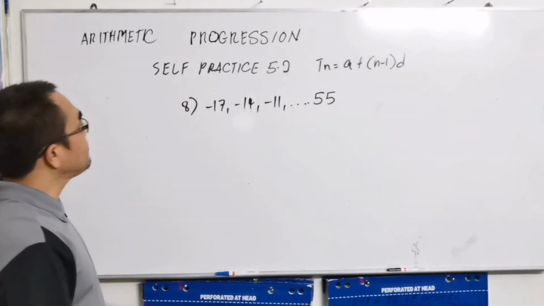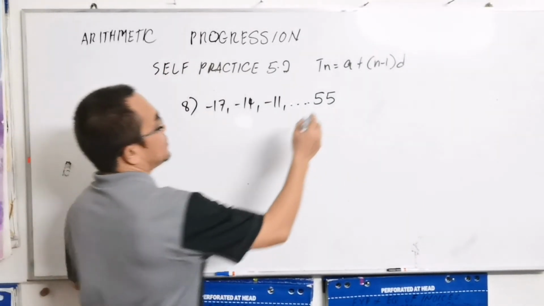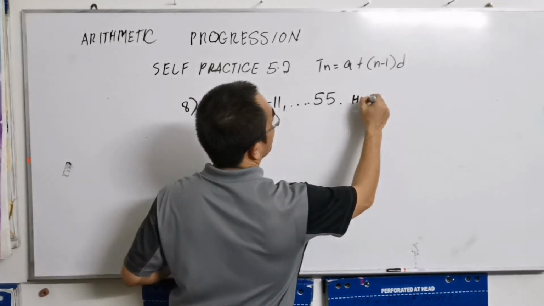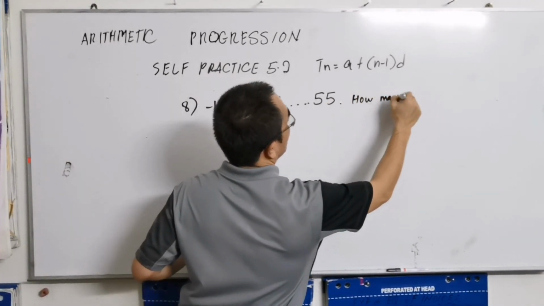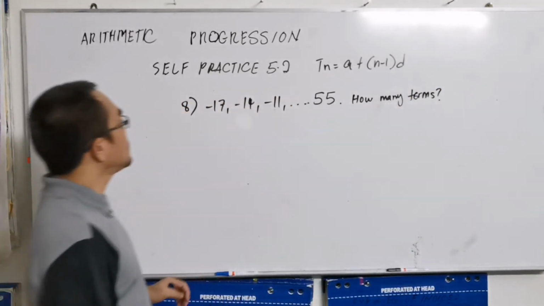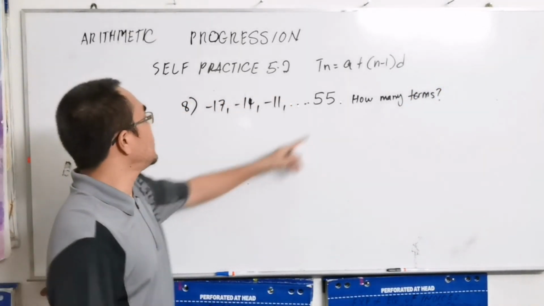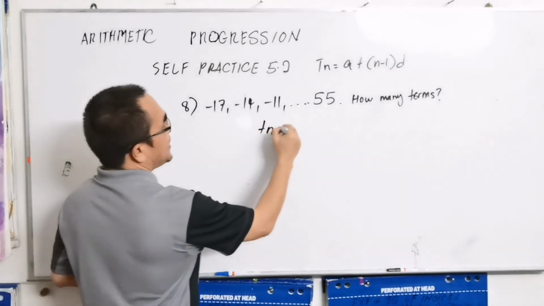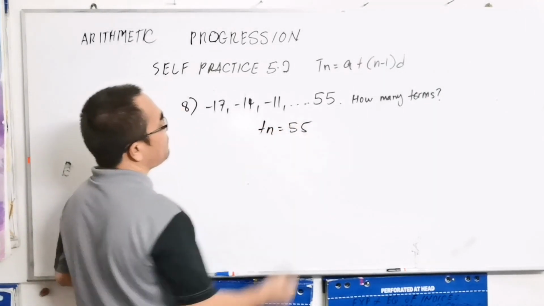Okay, and the last one, how many terms here? Okay, so this is the last term. So we say Tn equals to 55.